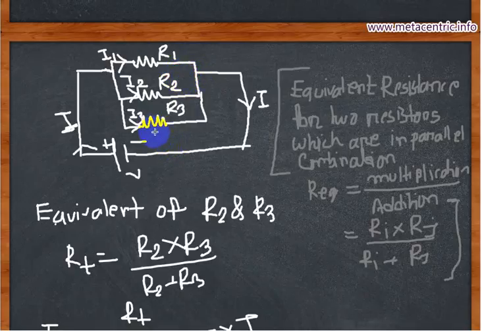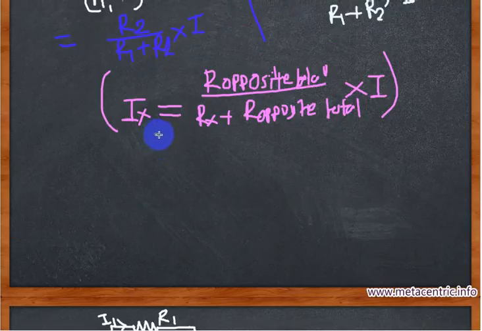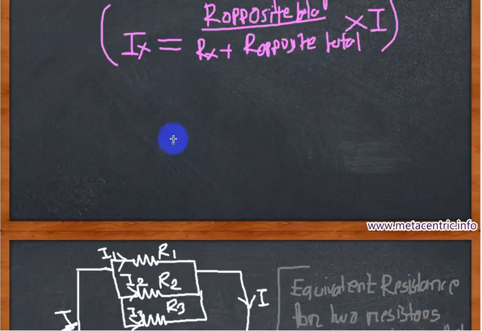So the generalized formula is, once again I'm saying, Ix equals R of opposite total. That means if we want to calculate the value of I1 flowing through R1, leave it for a while, calculate the total resistance of the other resistors. After calculating this, we will have to plug the values into that generalized formula, right? So write down the formula.